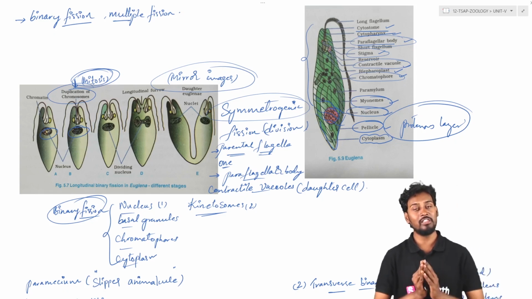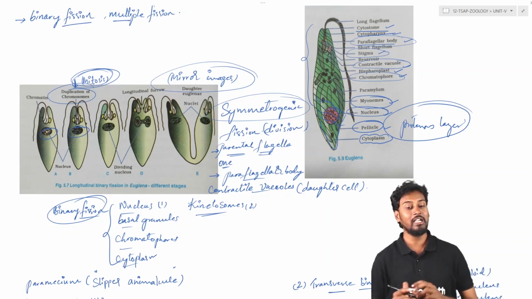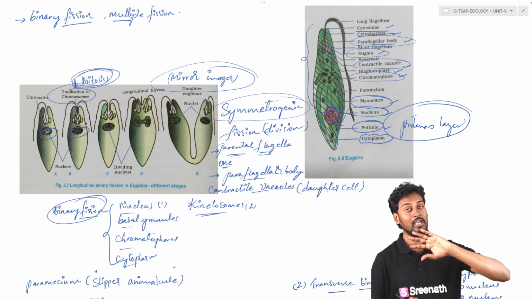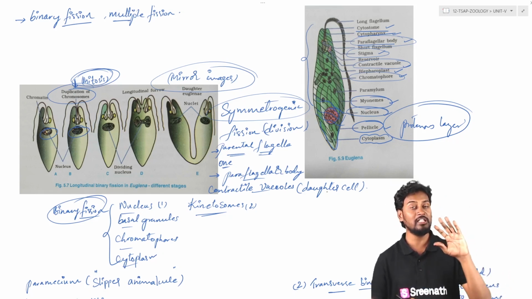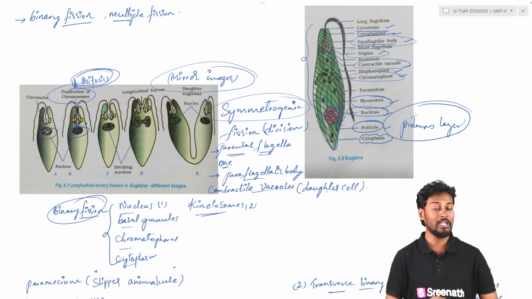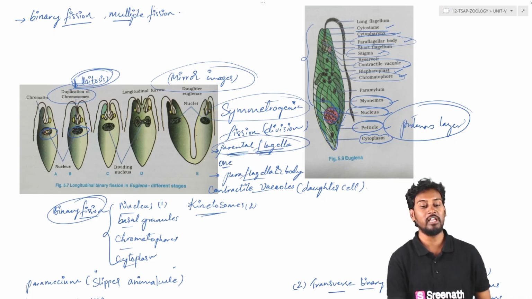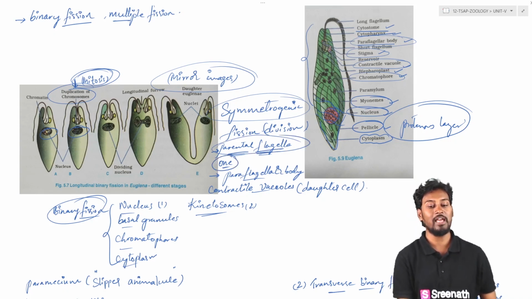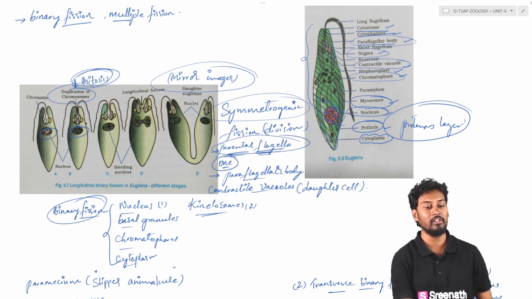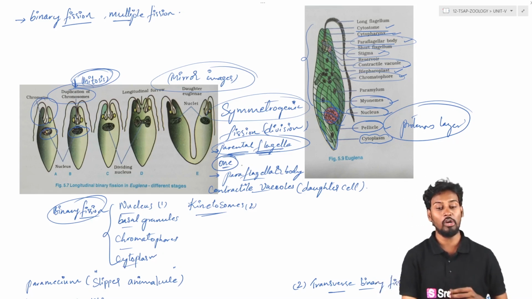So as a result of the cell division, as we discussed, the entire parent cell has been divided into two daughter cells. While division is taking place, apart from sharing the cytoplasmic content and the division of the nucleus and the sharing of the nuclear content, it is also observed that the parental flagella, which is generally present in the initial parent cell, is given to one of the cells.